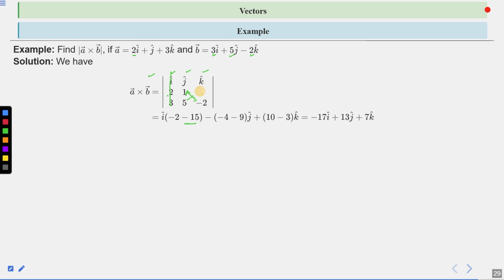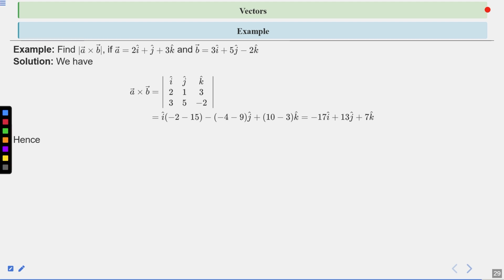Then minus, neglect the j cap, so minus 4 minus 9 j cap. Now k cap. Neglect k cap, you will get 5 into 2, 10 minus 3 k cap. So A cross B is equal to minus 17 i cap plus 13 j cap plus 7 k cap.